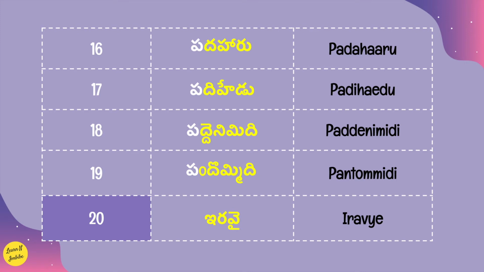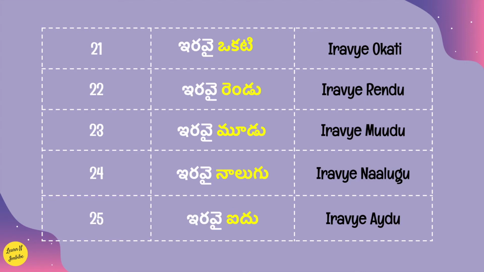Now moving on to the next set, 21 to 29. If you recall the table that I have shown you earlier, 20 plus 1, 20 plus 2 and so on, it will be reflected here.